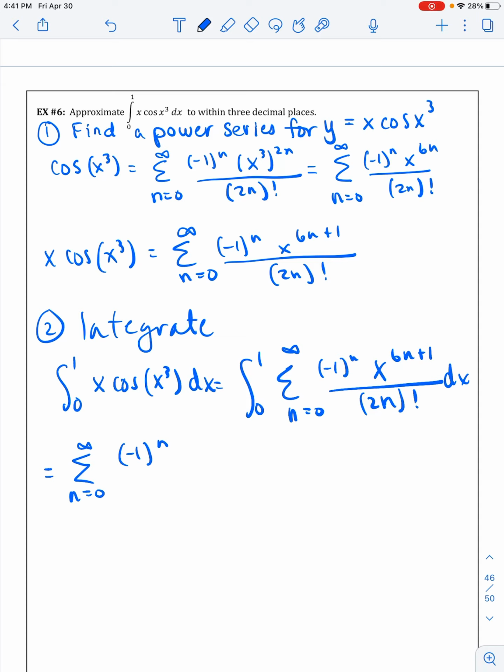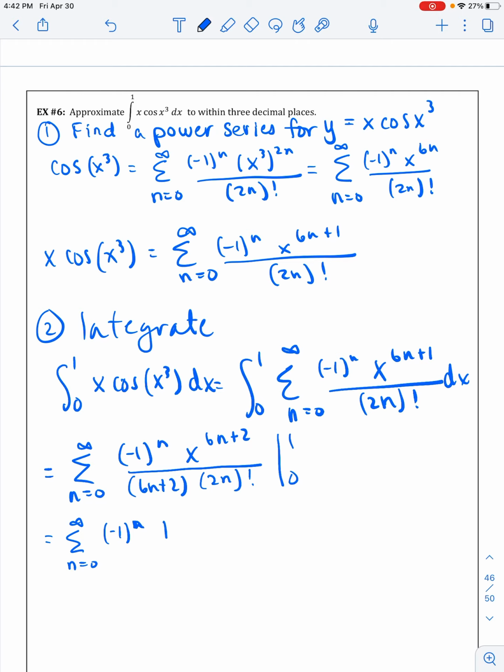So integration with respect to x. Anything that is like negative 1 to the n stays the same. But if you're integrating with respect to x, you take your x to the 6n plus 1, so that's going to be x to the 6n plus 2. You divide by 6n plus 2, and this 2n factorial stays the same, from 0 to 1.